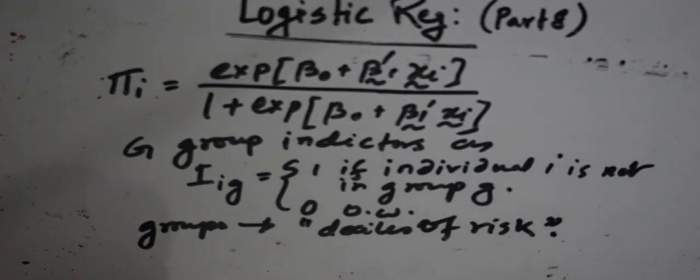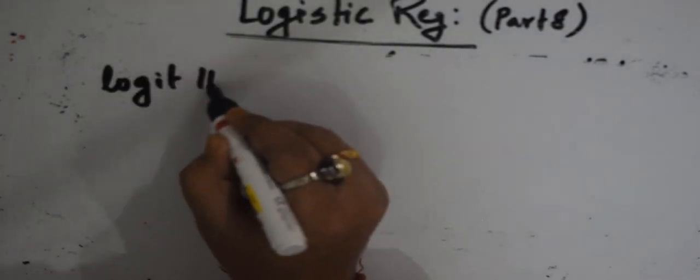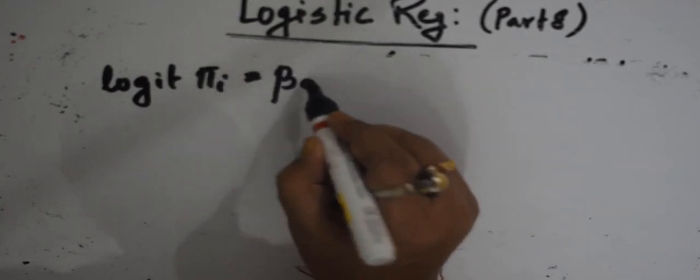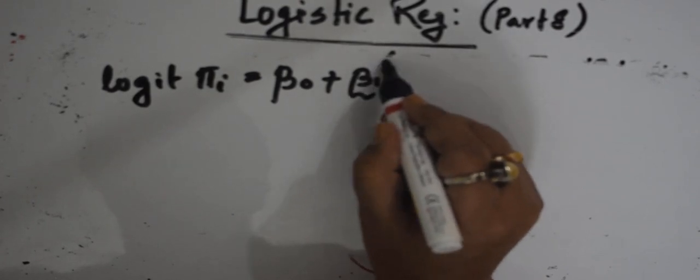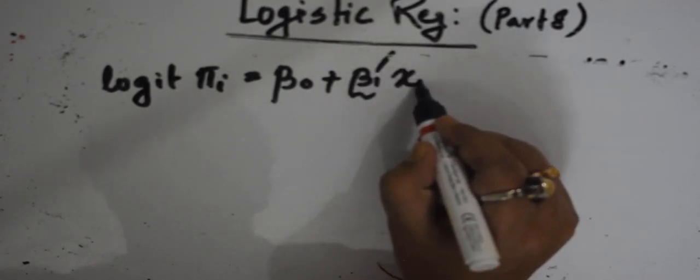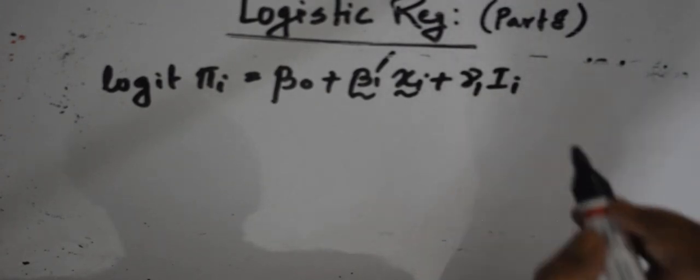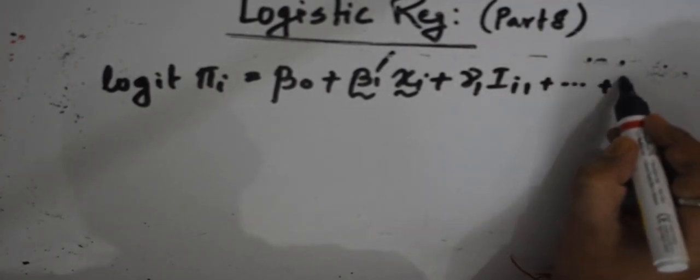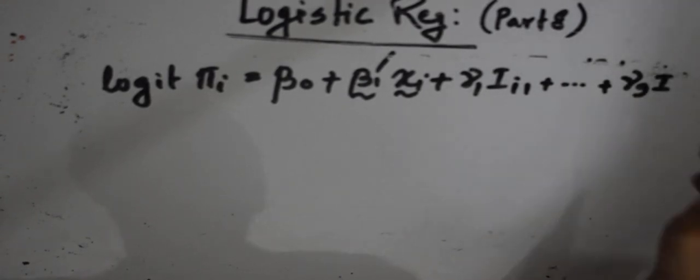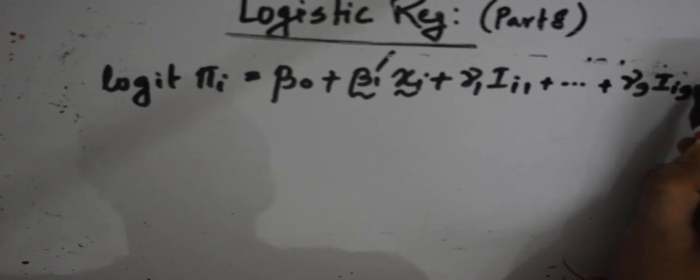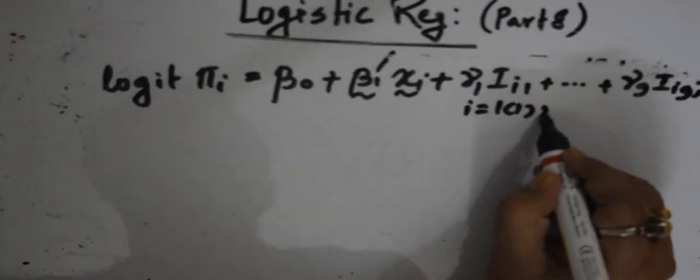Then, to test goodness of fit, we consider the alternative model logit pi i equal to beta naught plus beta 1 tilde prime x i tilde plus gamma 1 I i1 up to gamma 9 I i9, i from 1 to n.